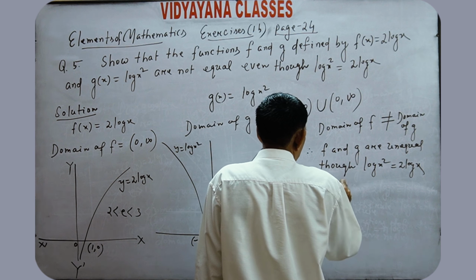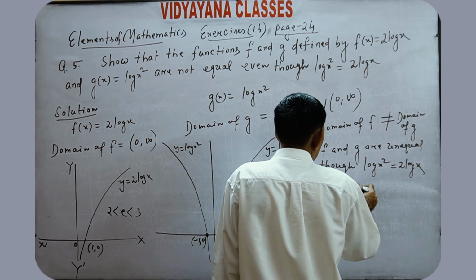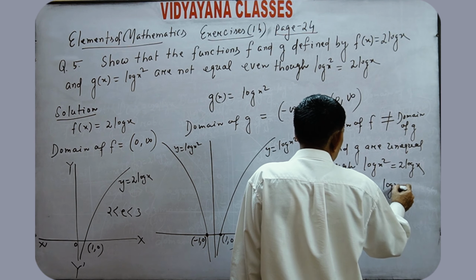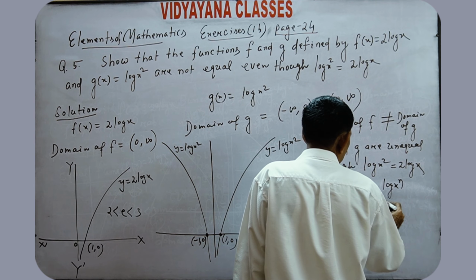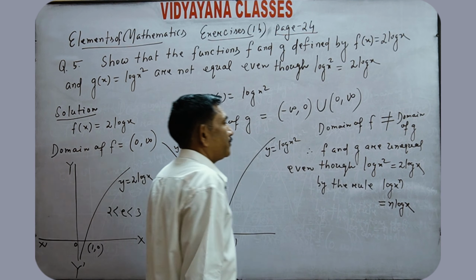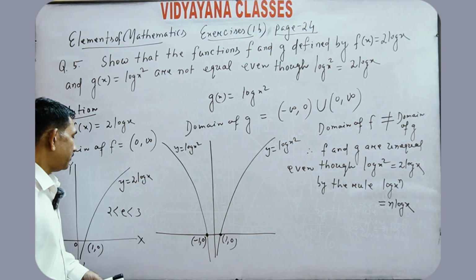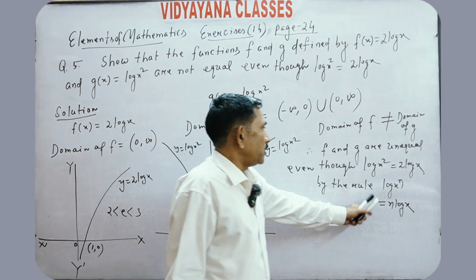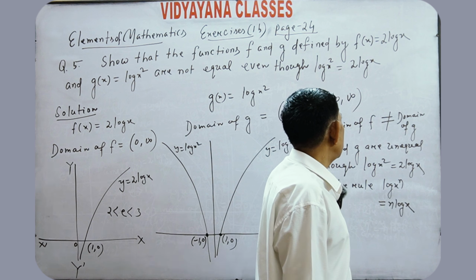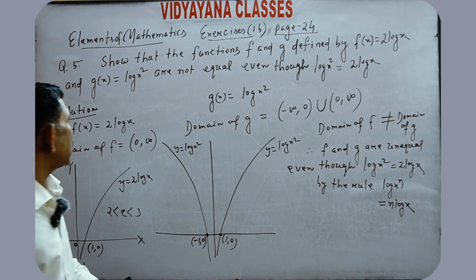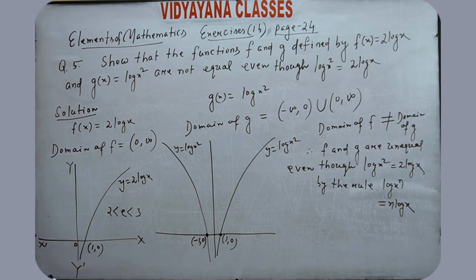By the rule, log x to the n is equal to n log x. Here the base is e. By this rule, this equals this. But it does not satisfy the equality of two functions.